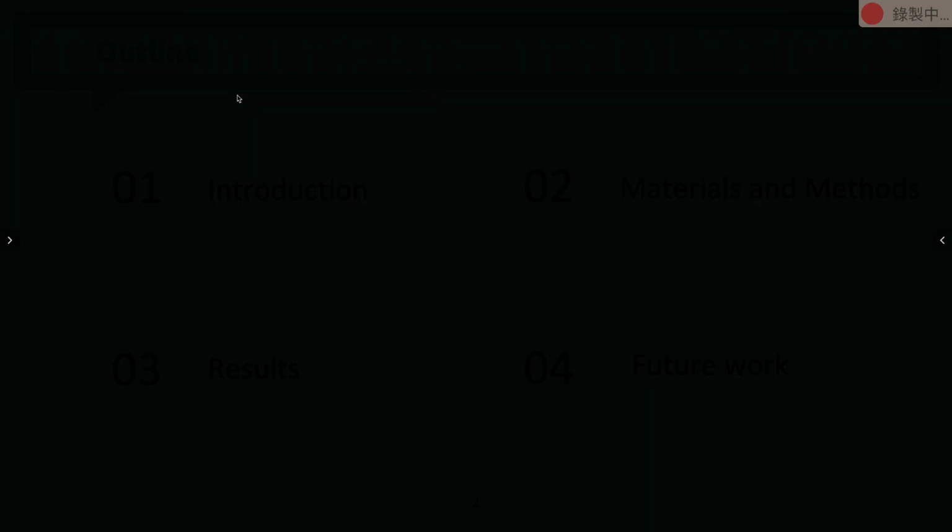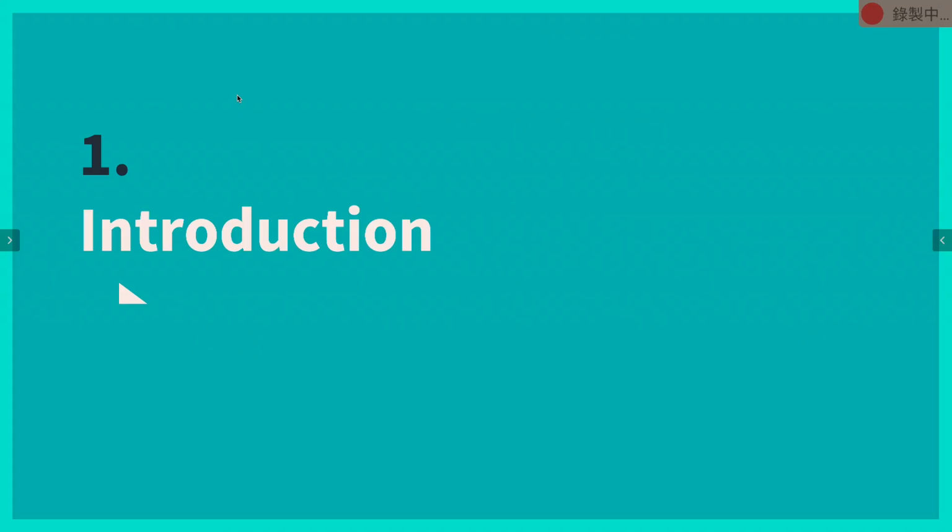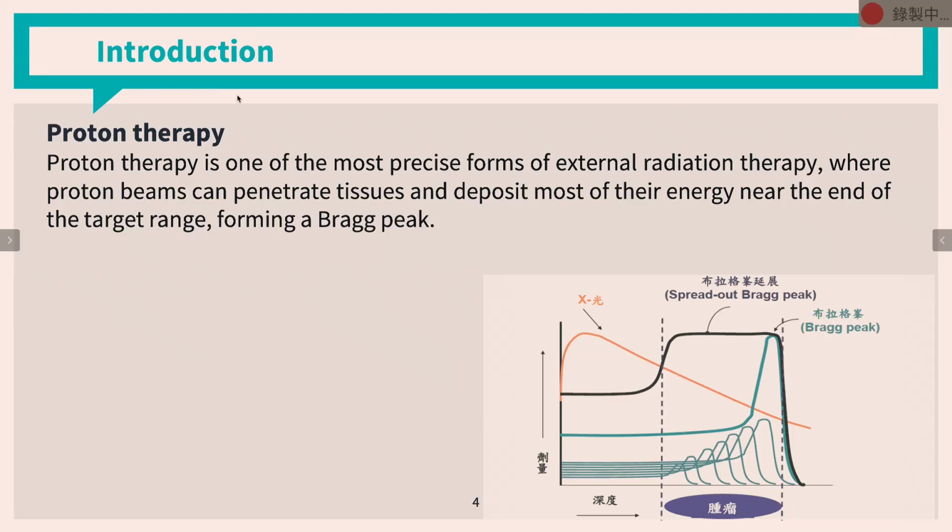The first part is the introduction. Proton therapy is one of the most precise forms of external radiation therapy. Proton beams deposit most of their energy near the end of their range, forming a Bragg peak, like here. Compared to photon therapy, proton therapy delivers a much lower entrance dose and minimizes radiation beyond the target volume.